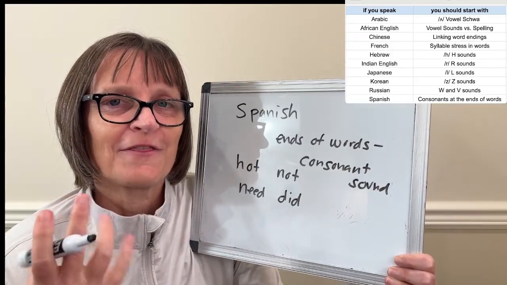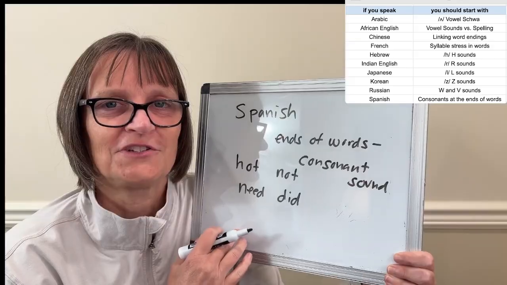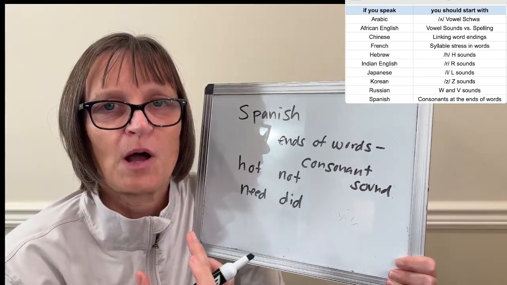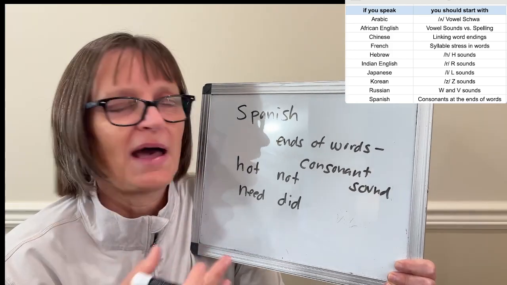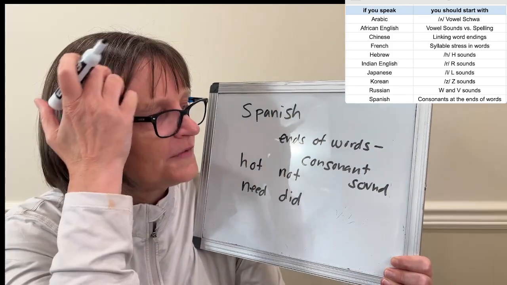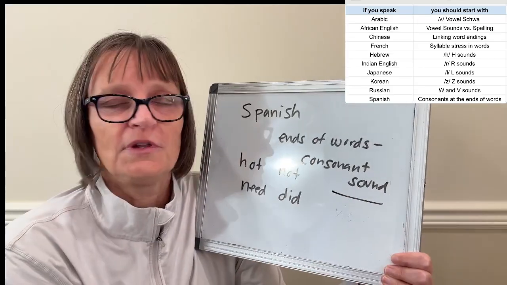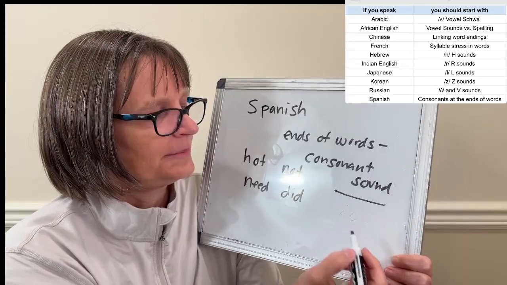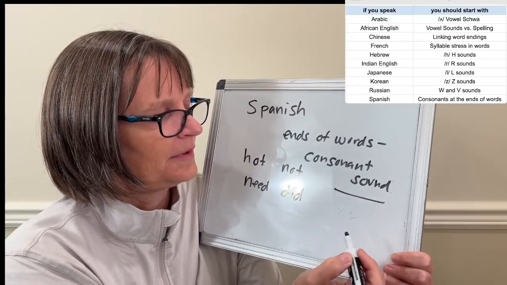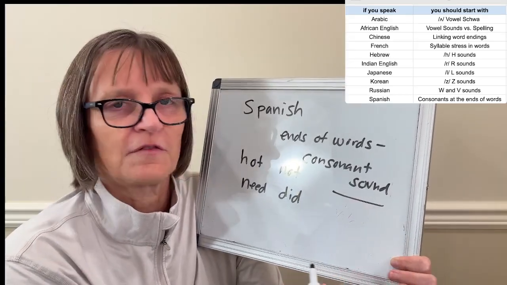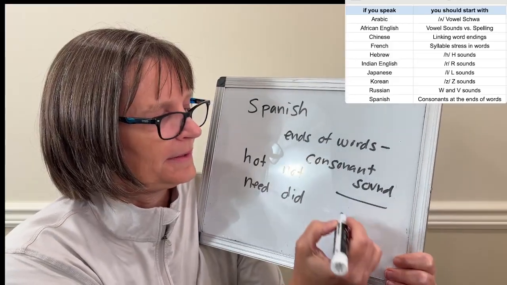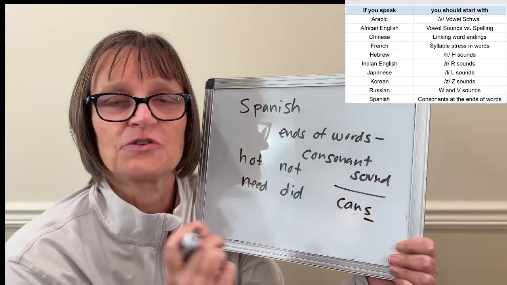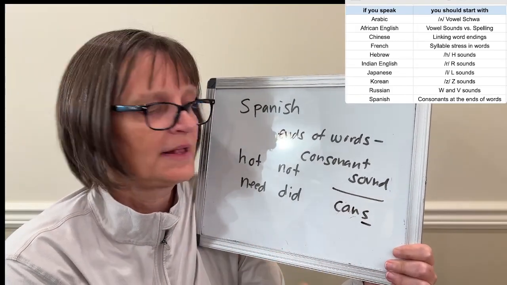Learning about how we make those released and unreleased stop sounds and linking consonant sounds is going to be super helpful for Spanish speakers. It's a pattern that comes across all of your sounds, and it also will affect things like plurals, because if I'm saying, for example, cans, making sure that n and z sound don't drop.